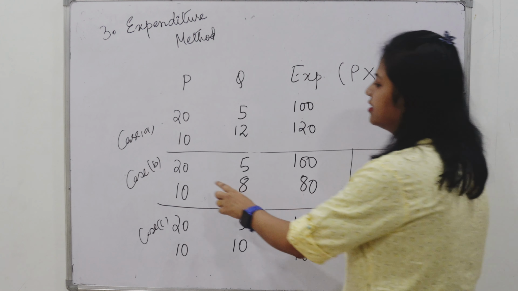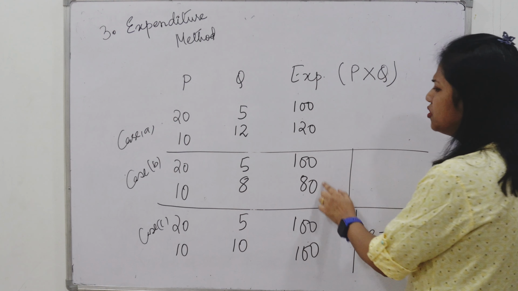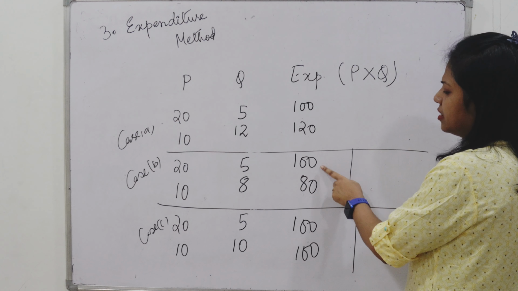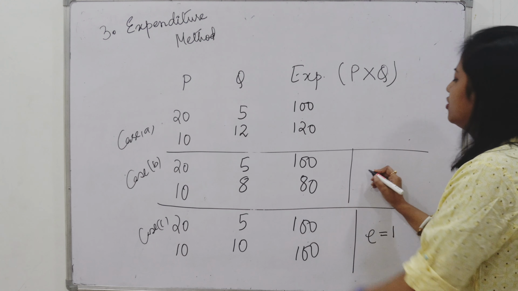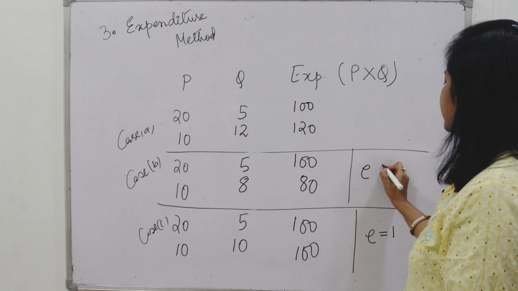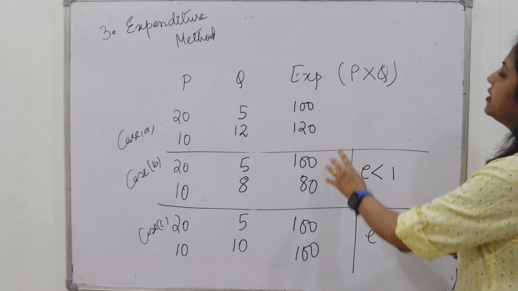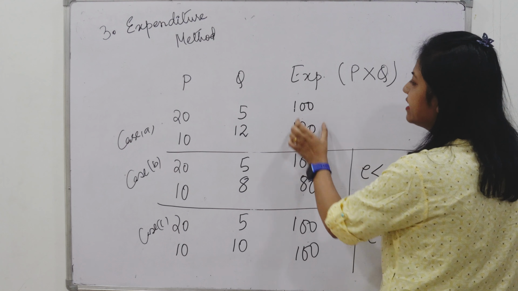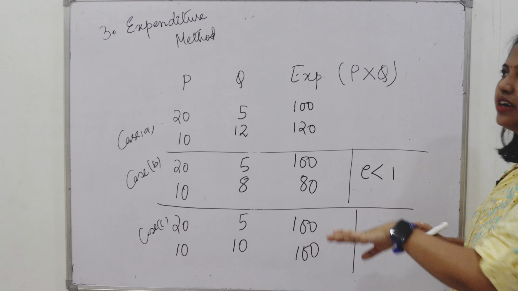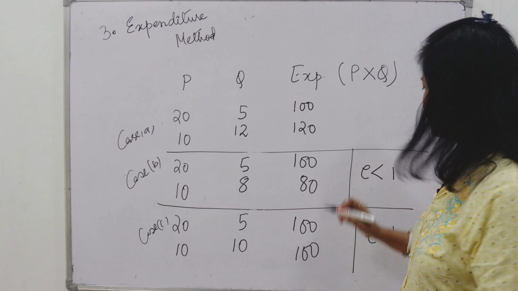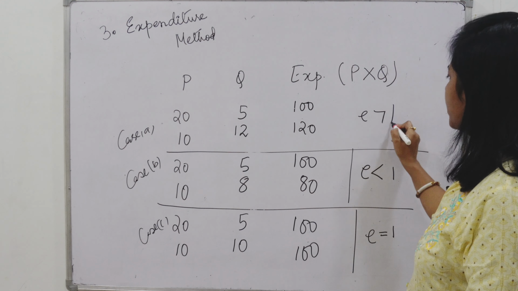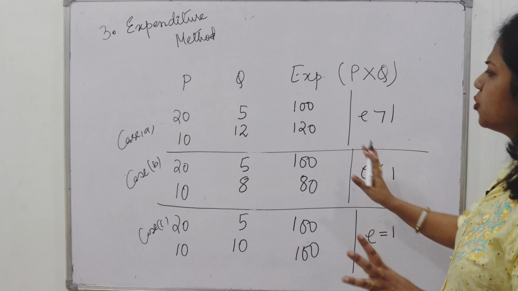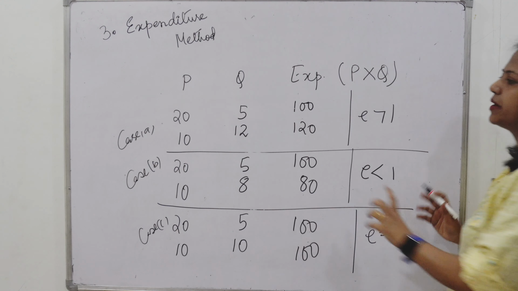Now you see here there is a change in the demand, but not that high. It was 100, now it has become 80, so E is less than 1. But here you see the expenditure has increased more. Earlier it was 100, now it has become 120, so E is greater than 1. So here the consumer is very responsive, very reactive to the price change.